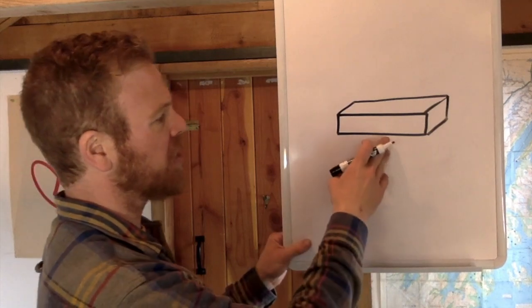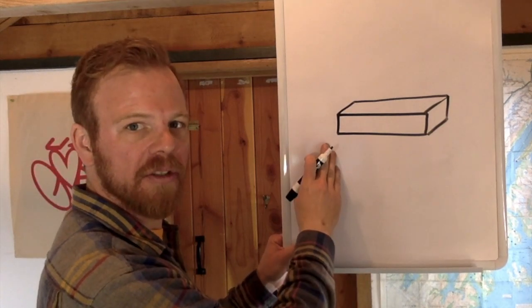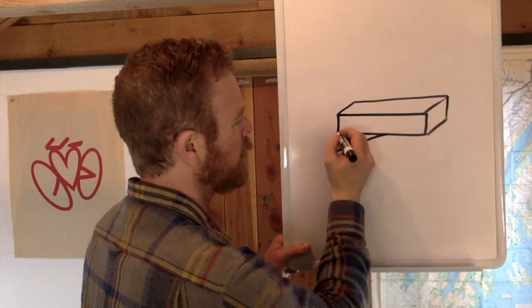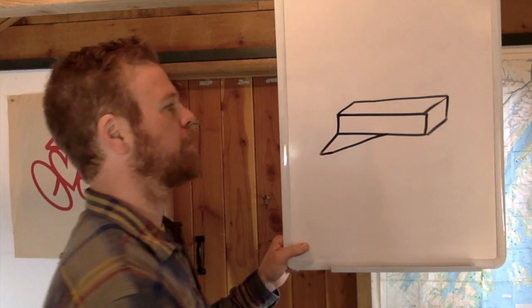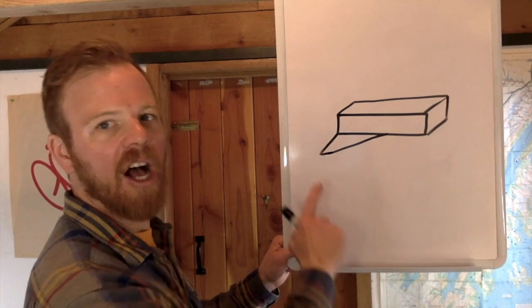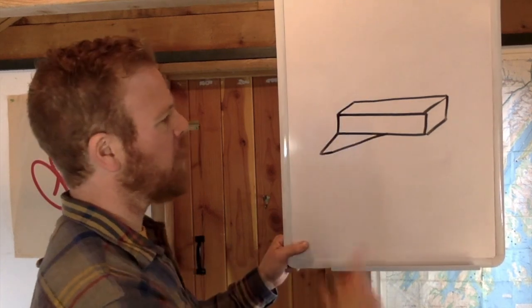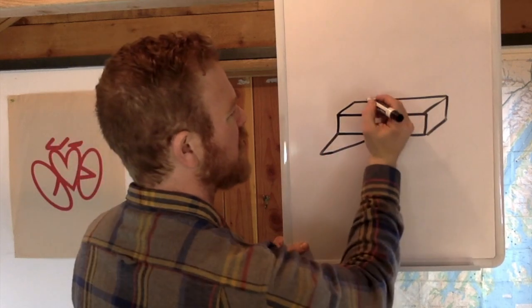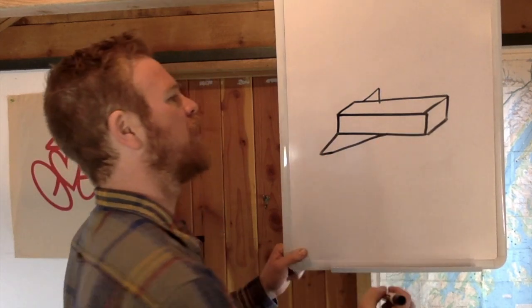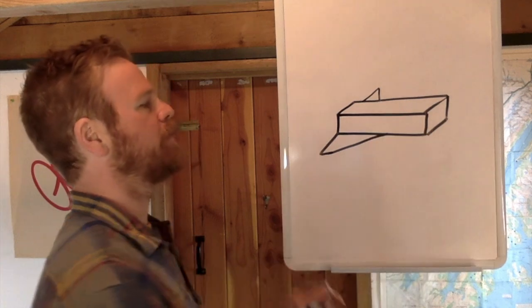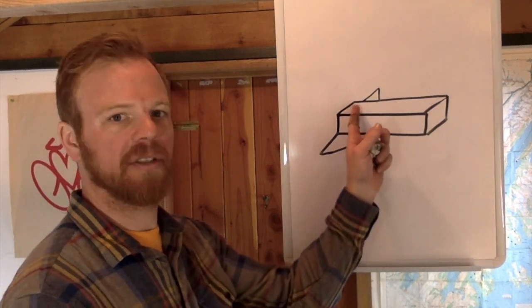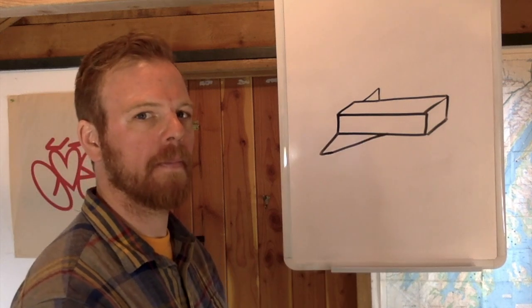Remember that on a space shuttle, the wings go all the way to the back, starting in the middle. On the other side, you won't be able to see where this triangle stops. So we're just going to do a small triangle right in the middle like that. It doesn't have to touch this back corner here.